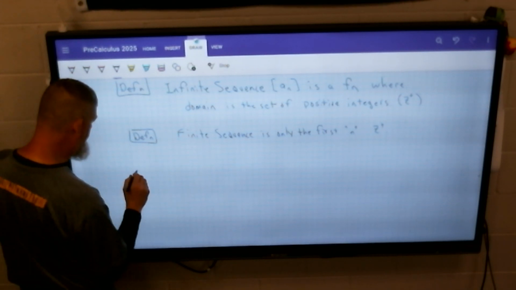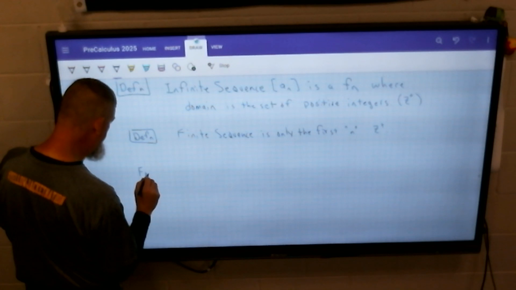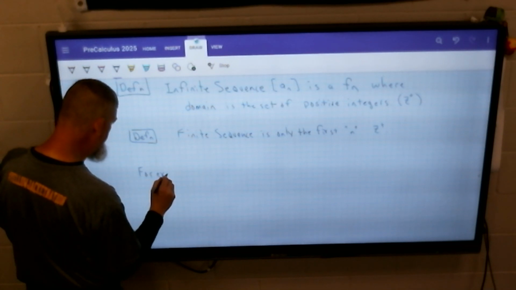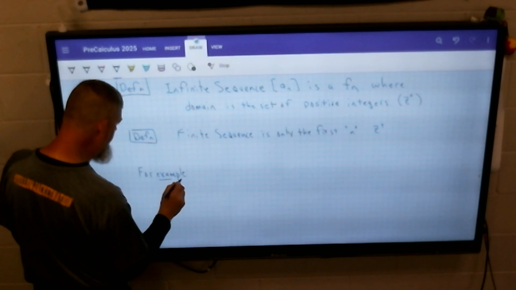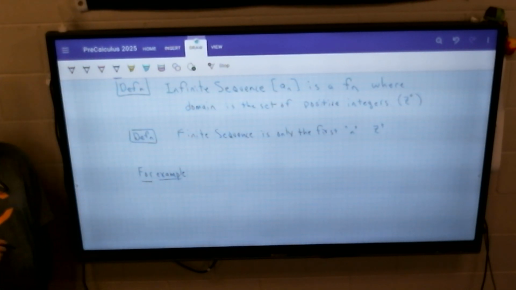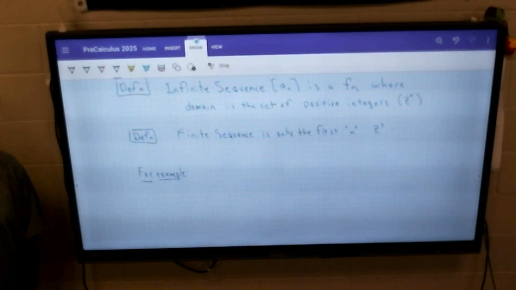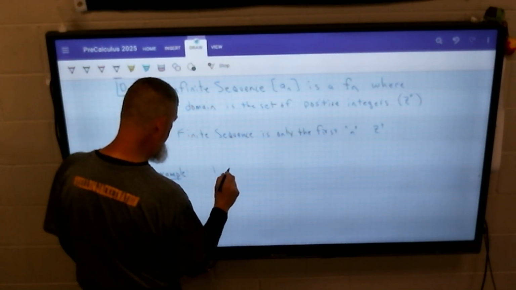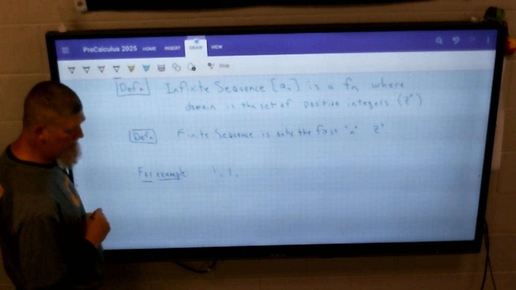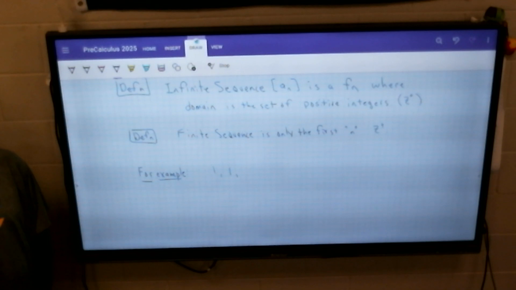So for example, we have a very, very famous sequence. Okay, maybe you guys remember this one. It starts off with 1, 1. The next number is going to be, it always starts off with 1, 1. Next number is going to be 2.